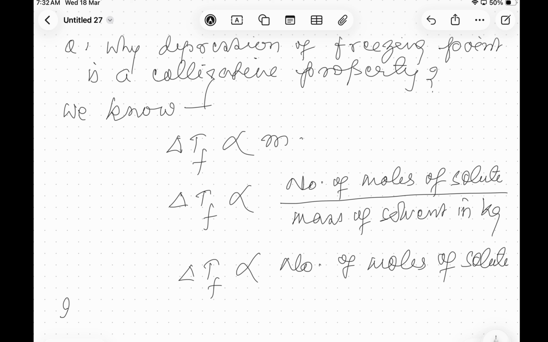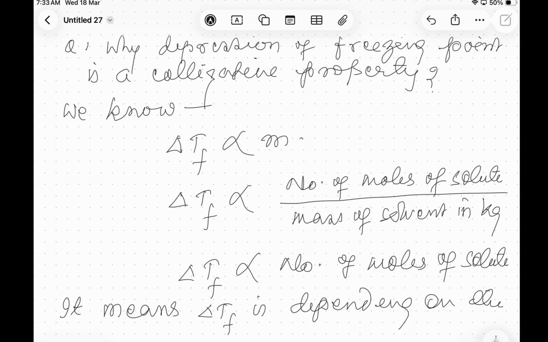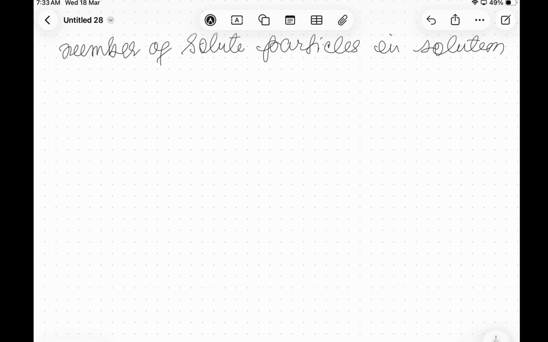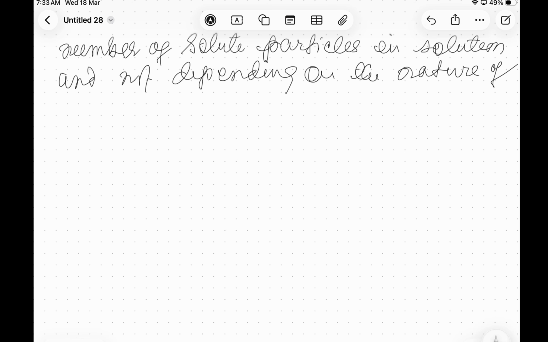It means delta TF is dependent on the number of solute particles in solution and not depending on the nature of solute.